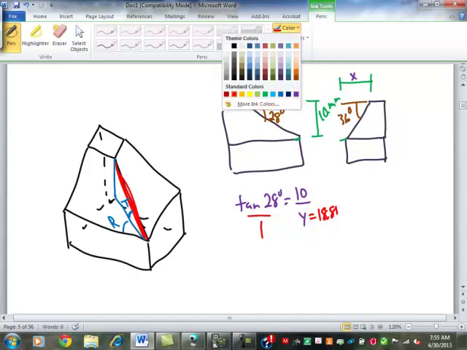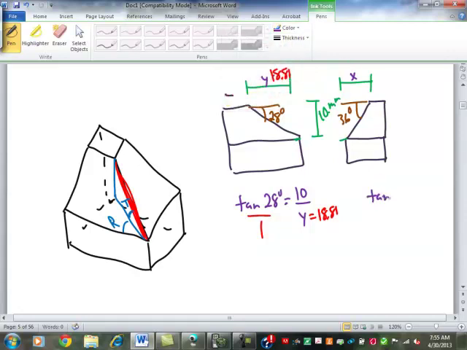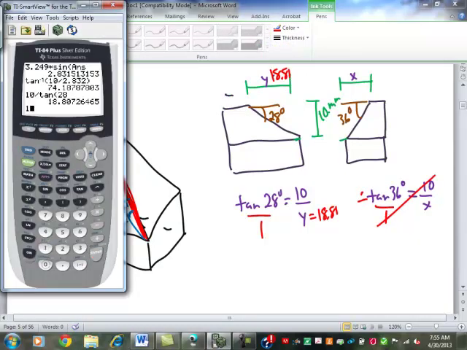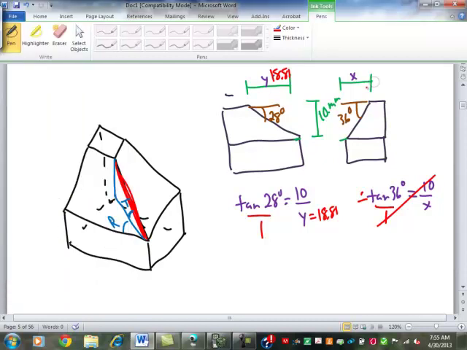Same is going to happen for x over here. Tangent of 36 degrees equals 10 over x. So I put this over 1, it's 1 times 10 divided by tangent of 36, 13.76.